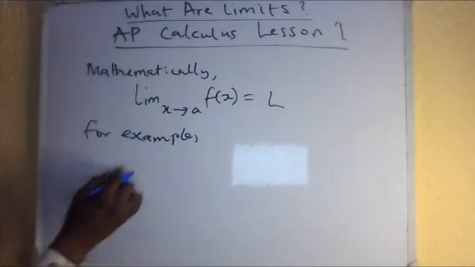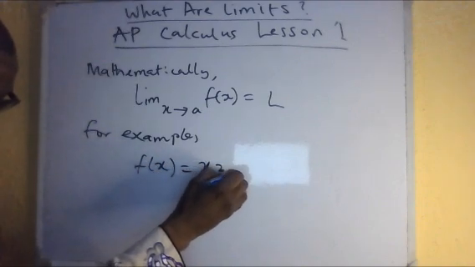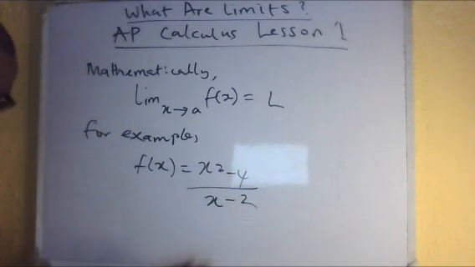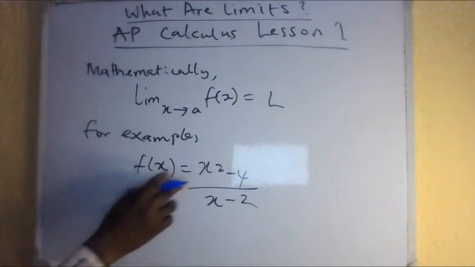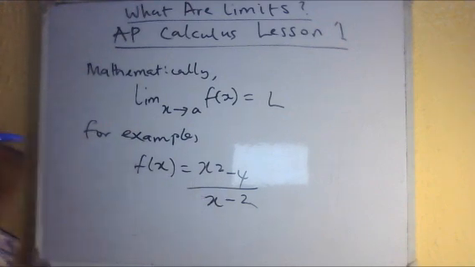For example, if I have the function f of x is equal to x squared minus 4 over x minus 2. If we plug in x is equal to 2, the function is undefined.